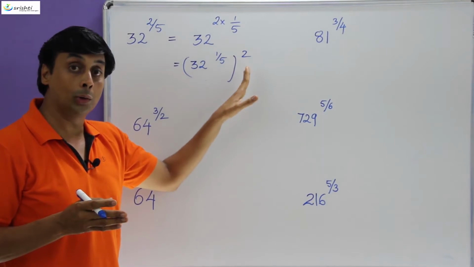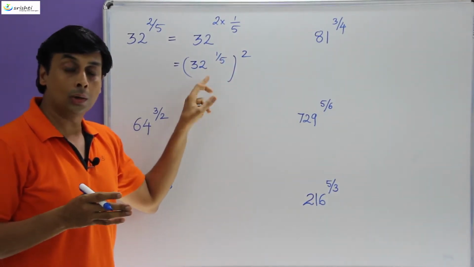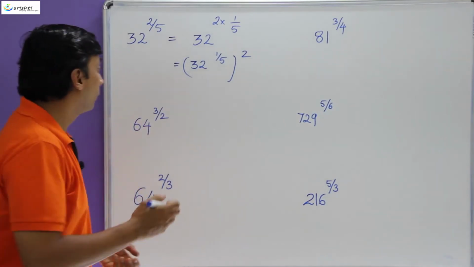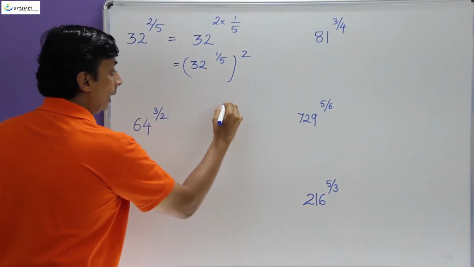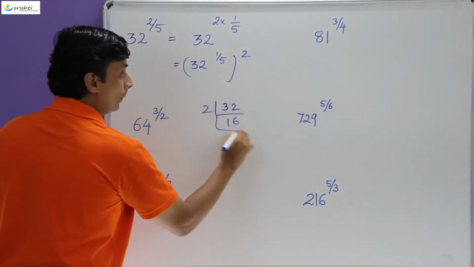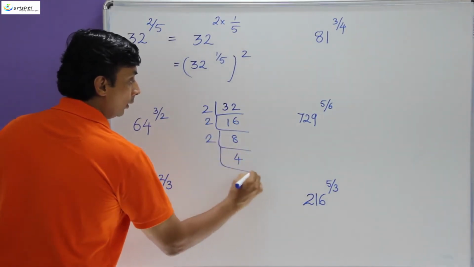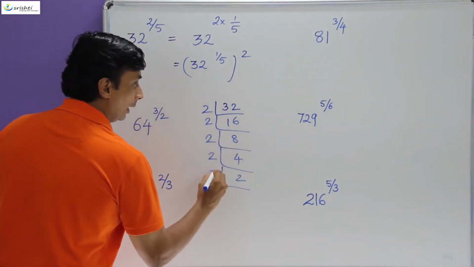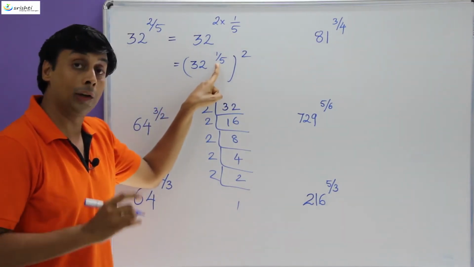So what I am now going to do is, I am first going to find the fifth root of 32. So how do you find the fifth root of 32? You take 32 and you prime factorize it. So let's take the number 32. Let's prime factorize it. 2 16s are, 2 8s are, 2 4s are, 2 2s are, and 2 1s are, right? And now we are trying to find the fifth root.